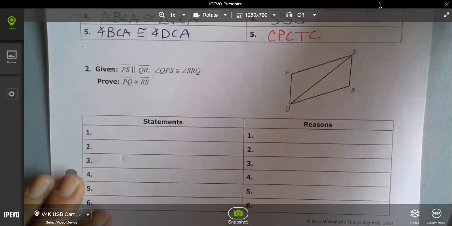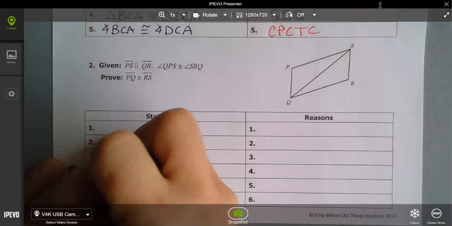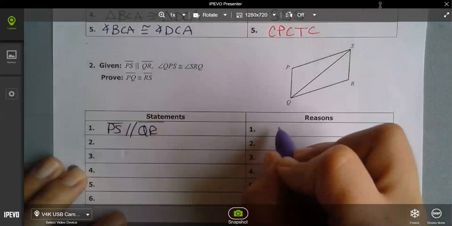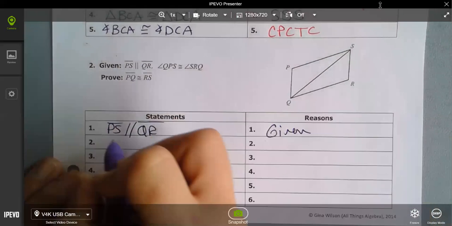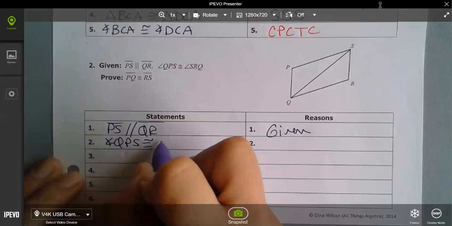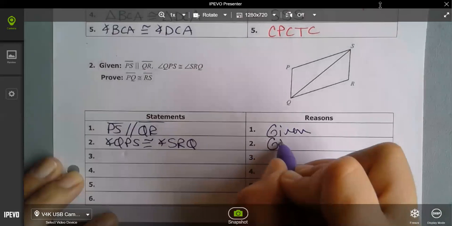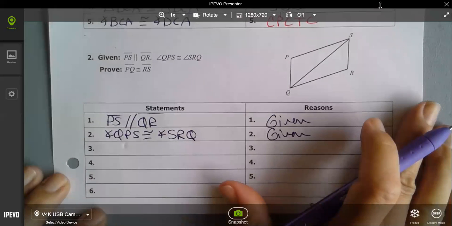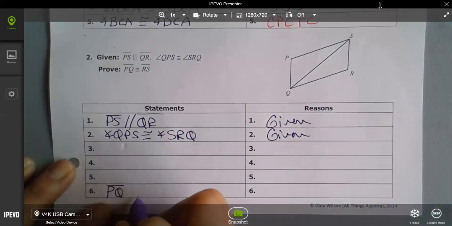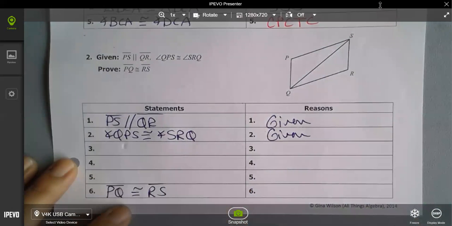All right, let's try another one. Givens first, as always. So PS parallel to QR, given. Angle QPS congruent to angle SRQ, given. And my proof is that side length PQ is congruent to side length RS.